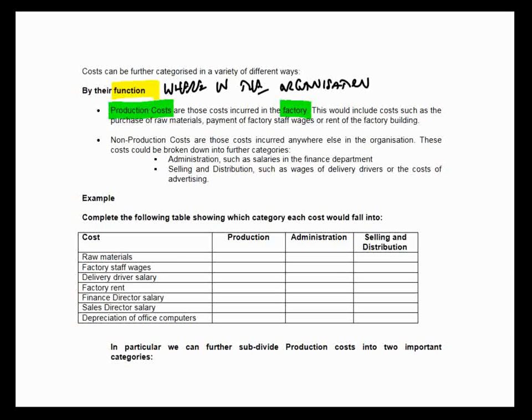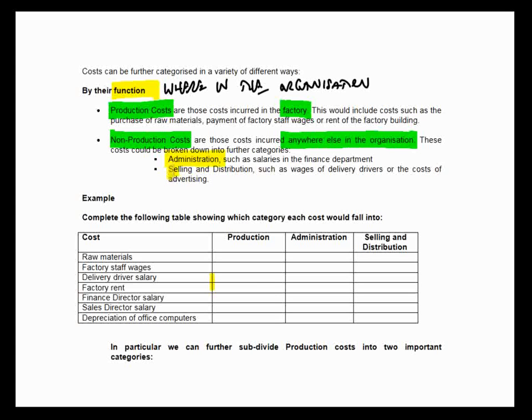So if you just imagine any cost going on in the factory building itself as a production cost, anything else we would treat as a non-production cost. And again, we could even break that down further. You may have an administration department, so paying the salaries of your accountants, paying the salaries of your receptionists.